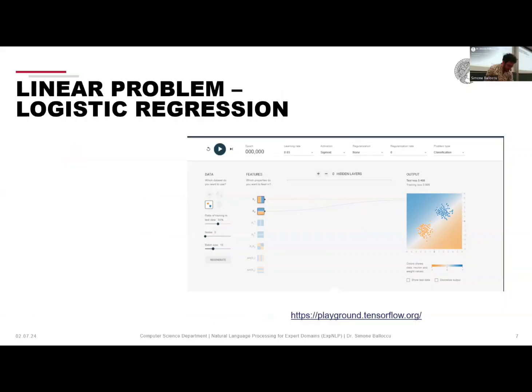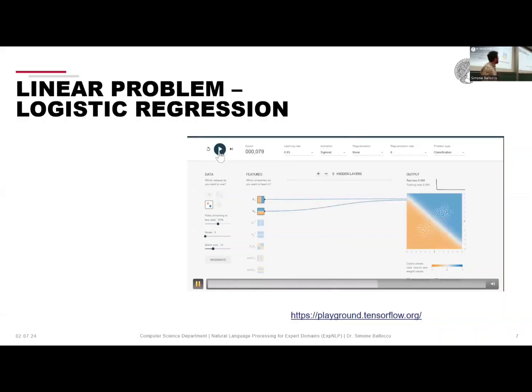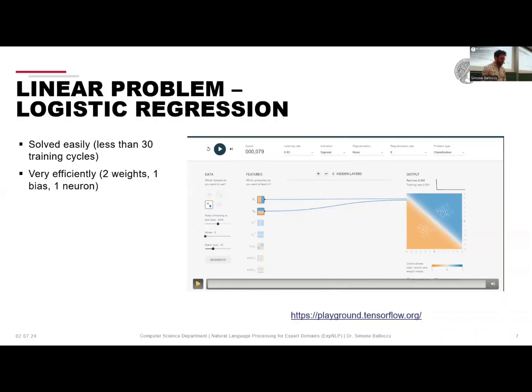This is basically an output layer. Now, can we solve this problem? Do you expect the network to actually solve this problem? Yeah. So we play it, and yeah, fair enough. Less than 100 iterations. We solve this with loss 0.002, so it's almost perfect. So we solved the problem very easily.